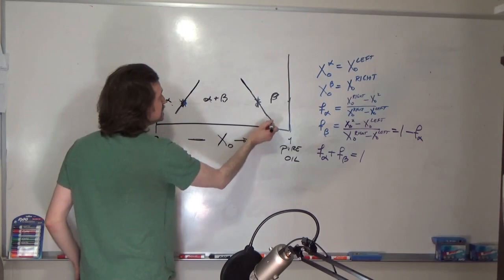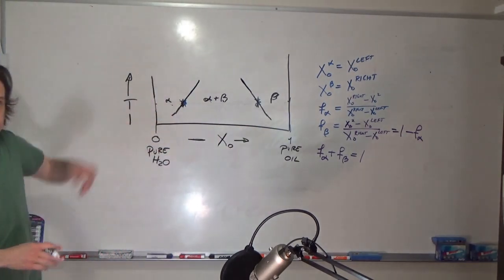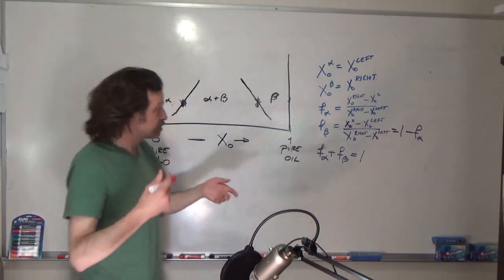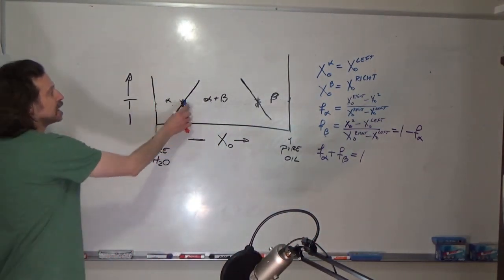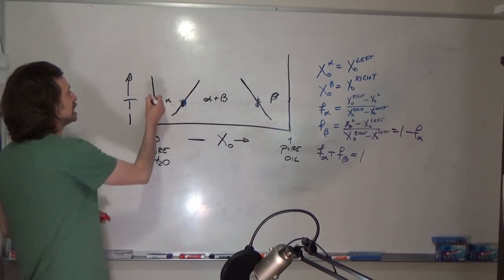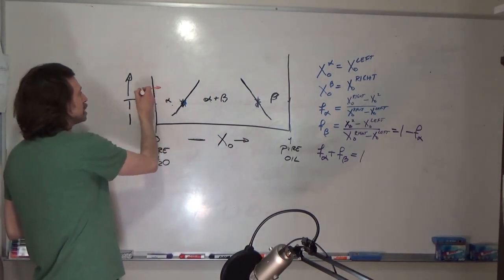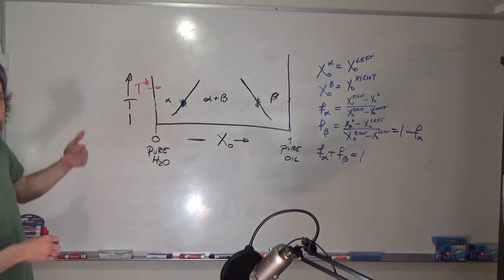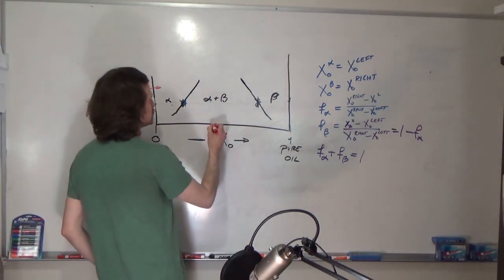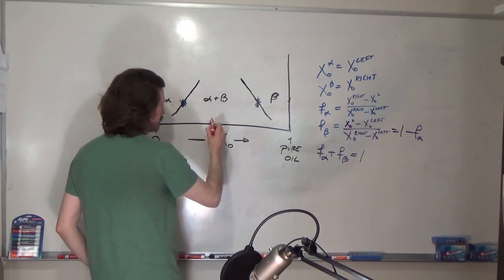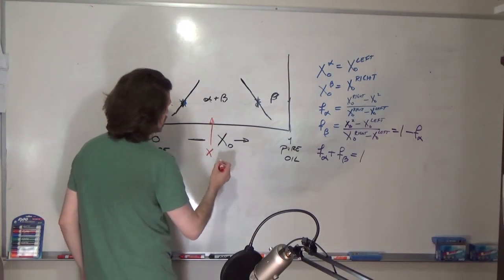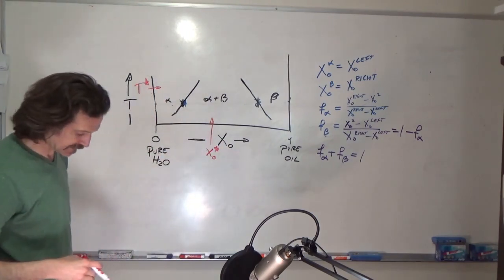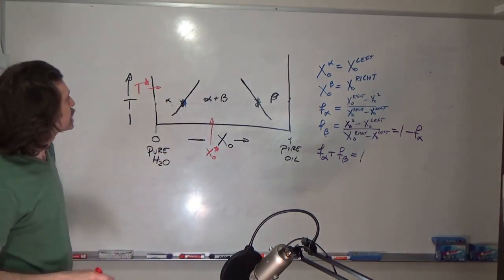We're not going to think about the details of this, but at any given temperature, let's say we know this point, but let's say we have another temperature, say right here, call this T star, that's our temperature of interest, and let's say we have a composition here, XO star, again, to say that it's our composition of interest.